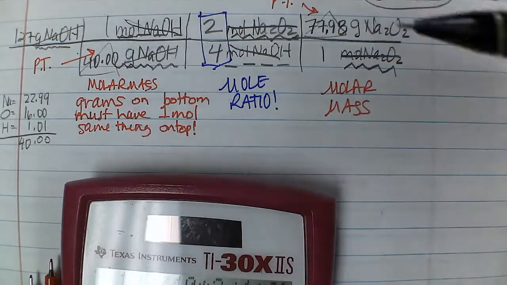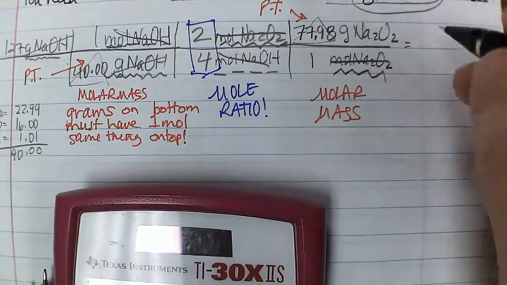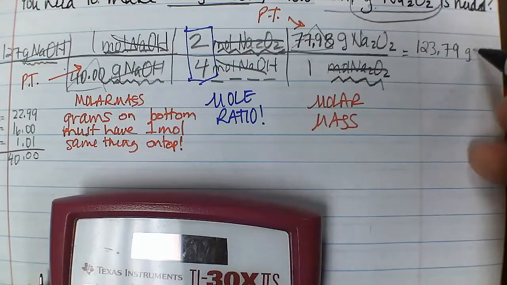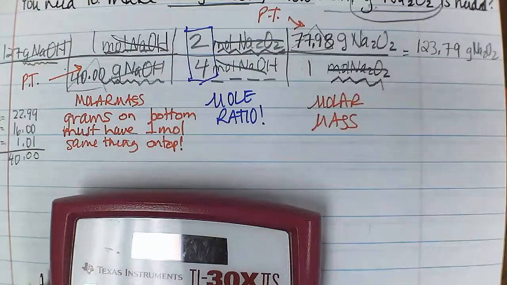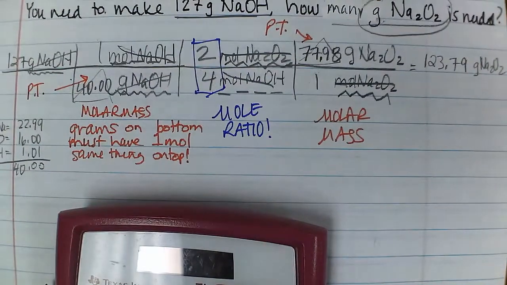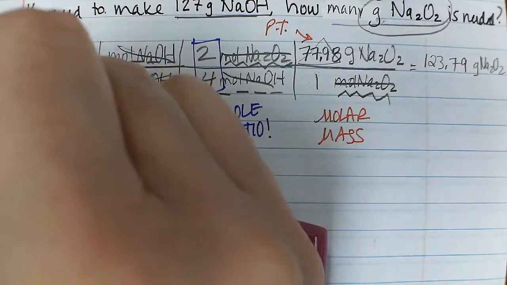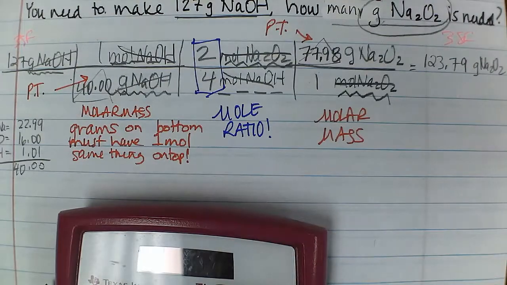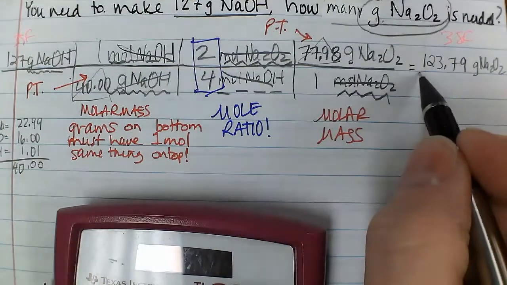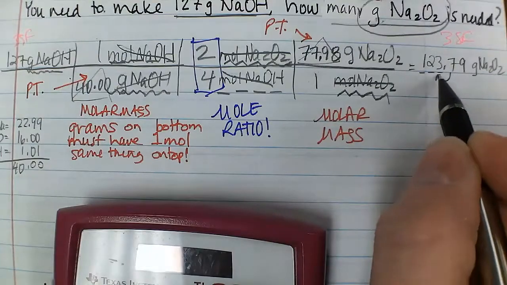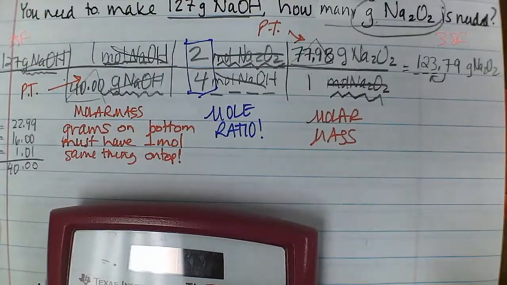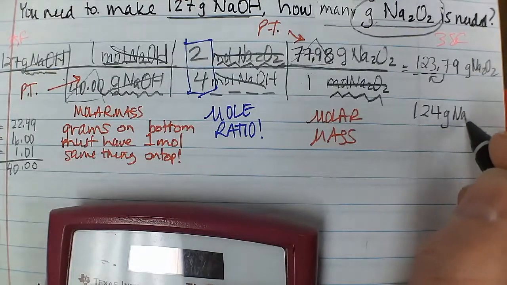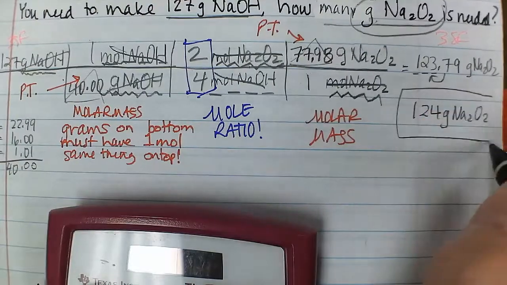And this, I got 123.79 grams of Na2O2. Looking back at my original data, there are 3 sig figs. So my answer also needs 3 significant figures. Keep it, keep it, keep it. That 7 is going to make that 3 round up. So I end up with 124 grams Na2O2.